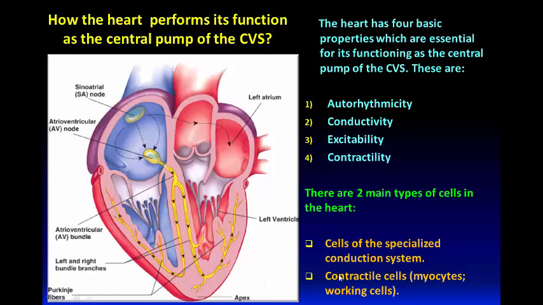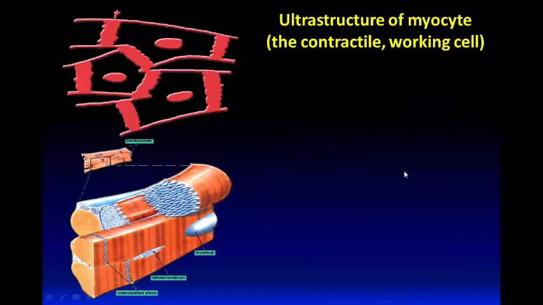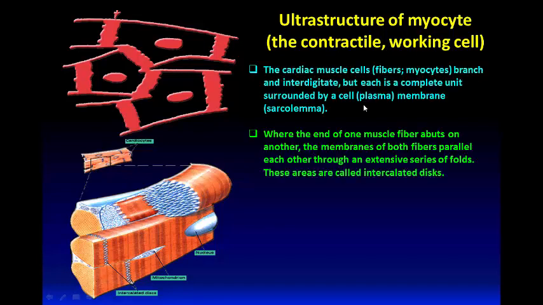These contractile cells are also known as the working cells or the working fibers or the myocytes. Now let's describe the ultrastructure of a contractile cardiac muscle cell, the working cell or the myocyte.